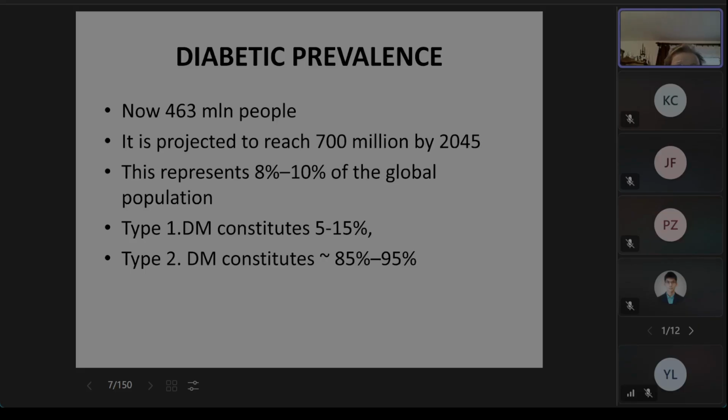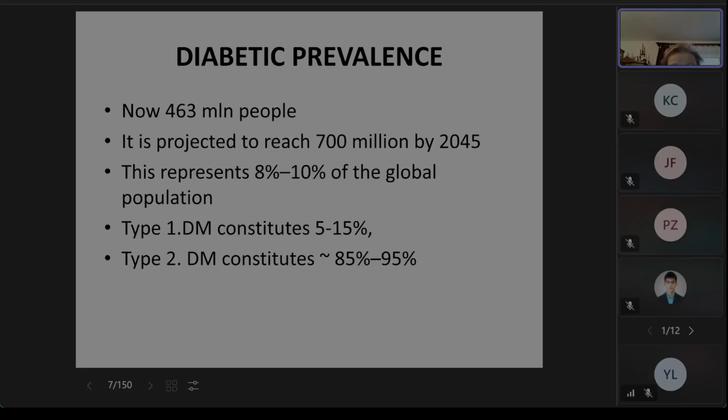As you all know, there are two main forms of diabetes mellitus, type 1 and type 2. Type 1 is also called insulin-dependent diabetes mellitus, whilst type 2 is called non-insulin dependent diabetes mellitus. The first one constitutes 5 up to 15% of diabetic nephropathy.